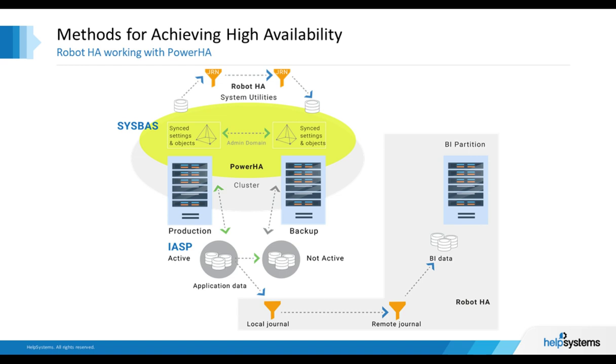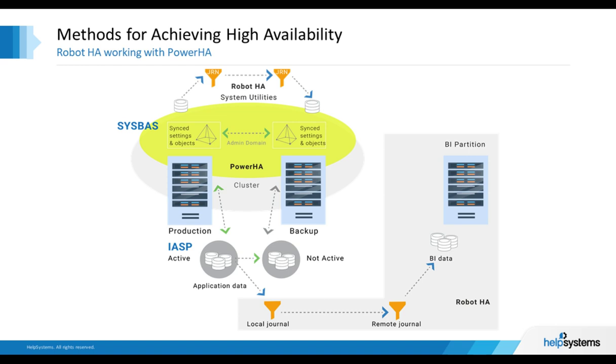So one of the things that we see, to my point earlier, is customers using a combination of this technology. And this diagram here really sums it up for us. You have customers that are using, for instance, our Robot HA with PowerHA to replicate from the production system, using local journal and remote journaling to the target system to do their BI over there.